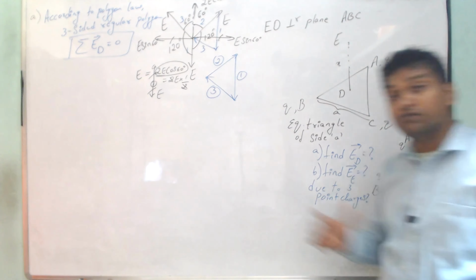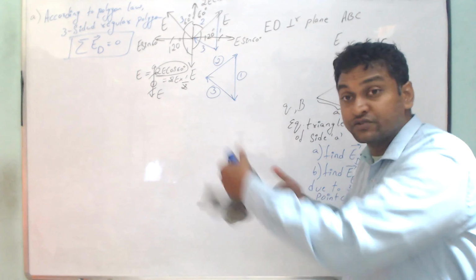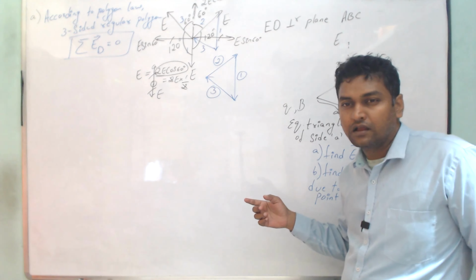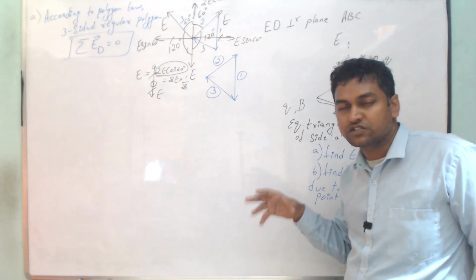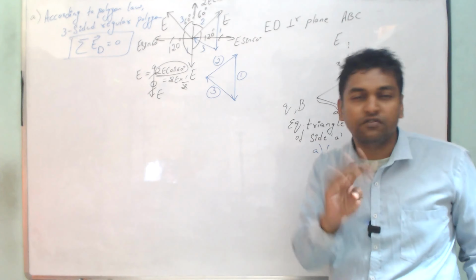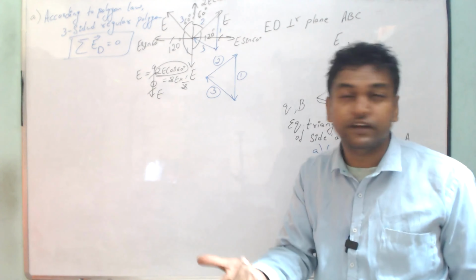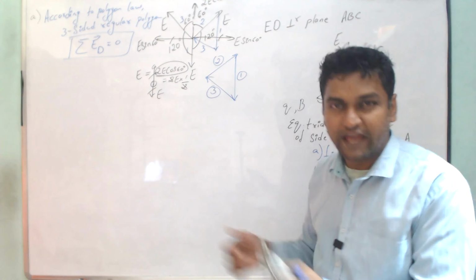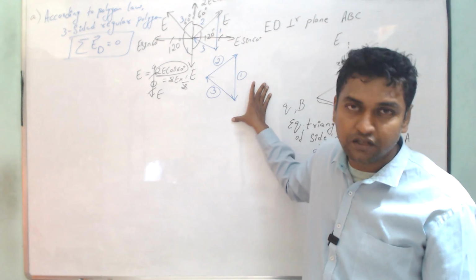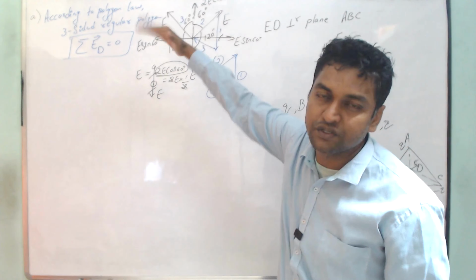In the square it was easy because the diagonals were cancelling. It was easy to understand. In the square, the diagonals were cancelling because you have 4 vectors. If you have 6 vectors also, it is easy. They will cancel each other, opposite. When you have odd numbers, you will come to this kind of situation. Take components.